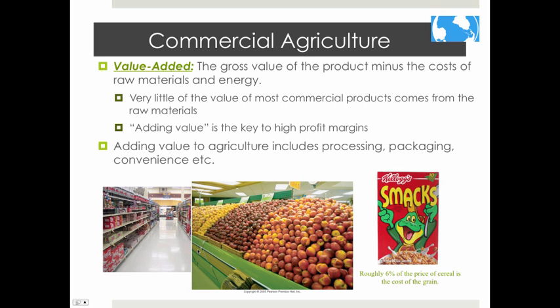Processing and packaging makes things faster and easier for the consumer. Processing usually involves pre-cutting things, pre-seasoning things, pre-cooking things, doing something to that food source. Basically, you're taking a raw material and turning it into a finished product for the consumer, and you are able to make a much higher profit margin by doing that.